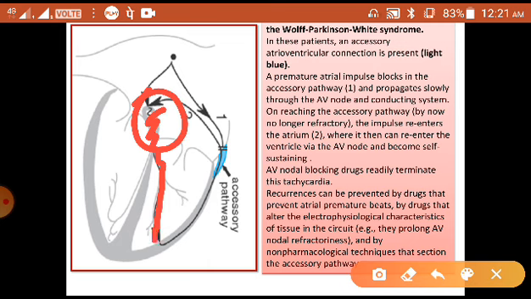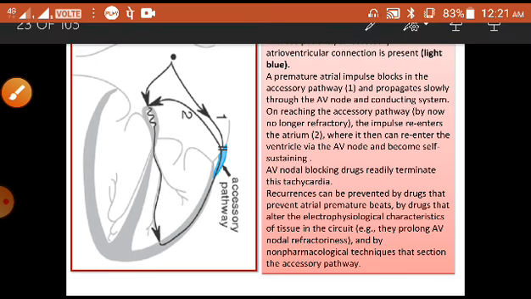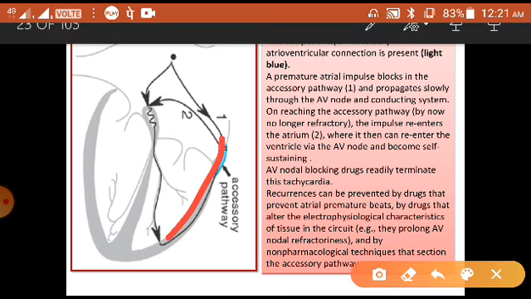When it moves down, it finds this accessory pathway, and through the accessory pathway it goes back and reaches the atrium and the AV node. From here it reaches the AV node, and again it comes down, connects with the accessory pathway, and again it goes there.